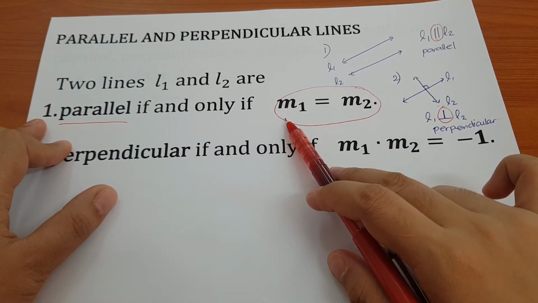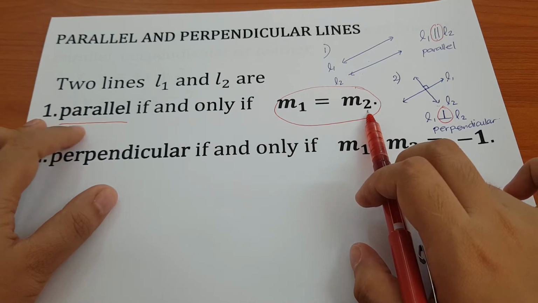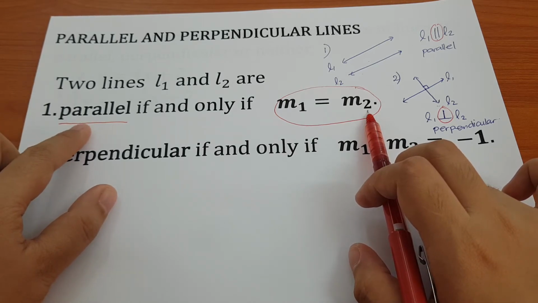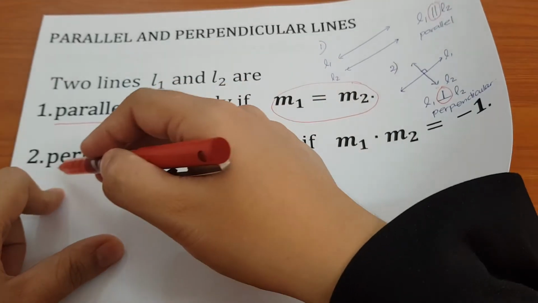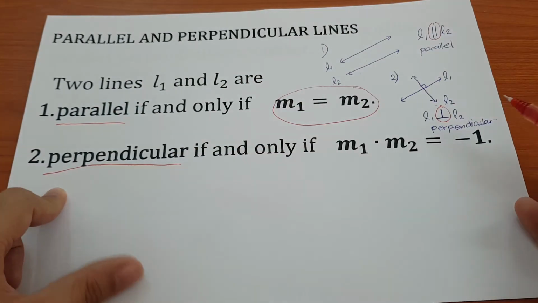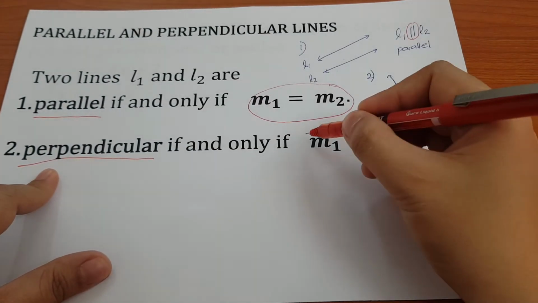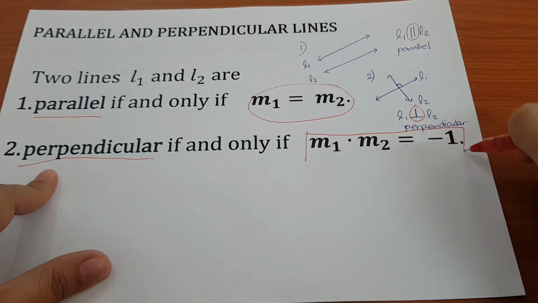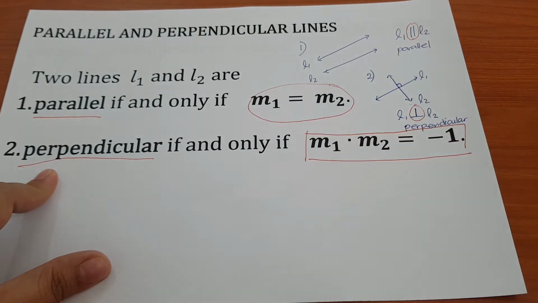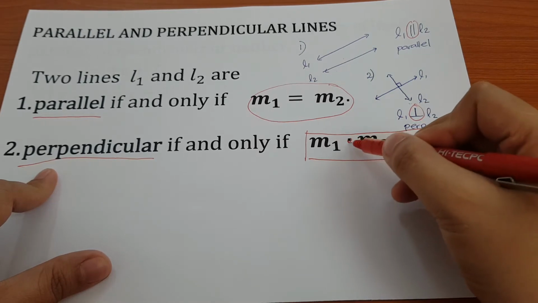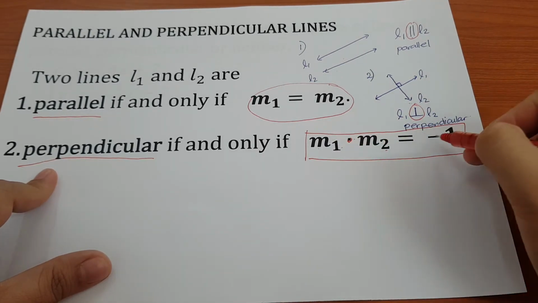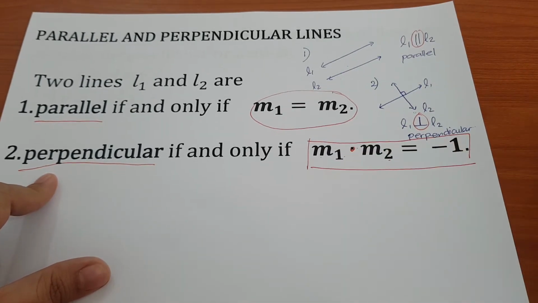If the gradient of line 1 is equal to the gradient of line 2, then they are parallel. Now, two lines are perpendicular if you multiply their gradients and the result is -1. So M1 times M2, if the result is -1, then they are perpendicular.